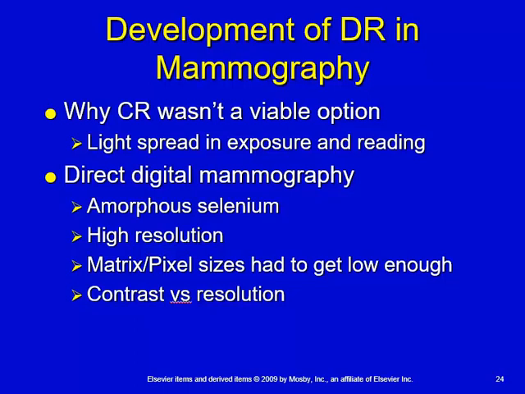And because the light came off of those individual phosphors and spread out because of divergence, we lost spatial resolution to the point that CR in mammography was not viable.